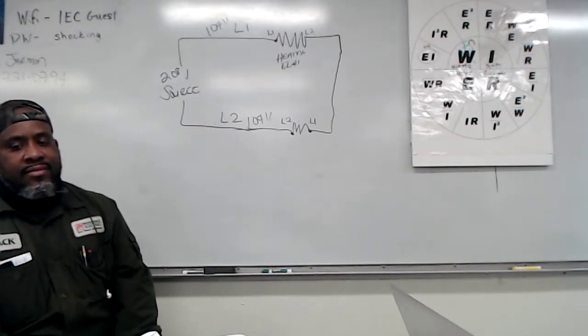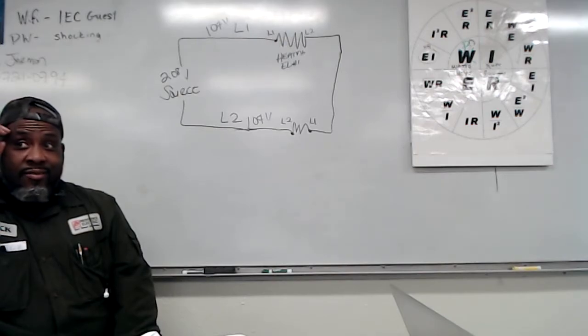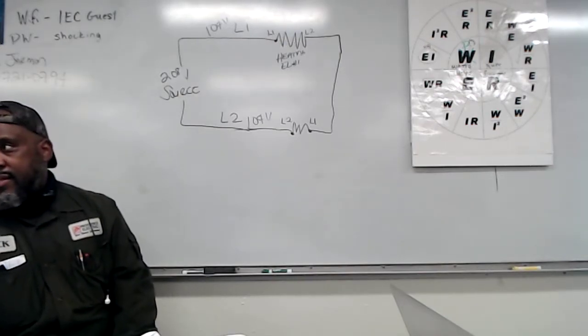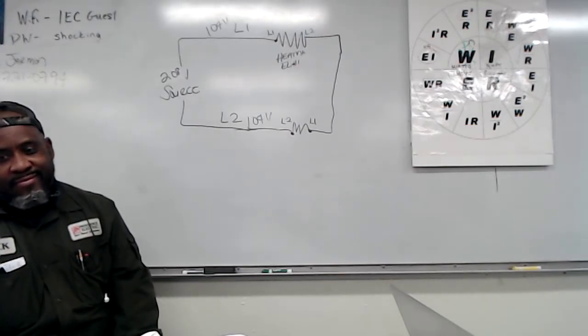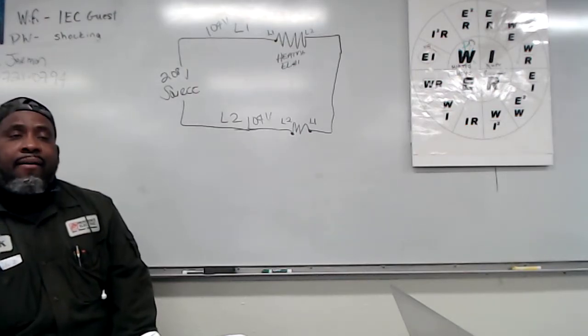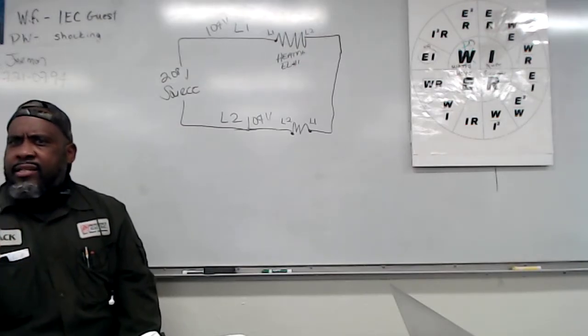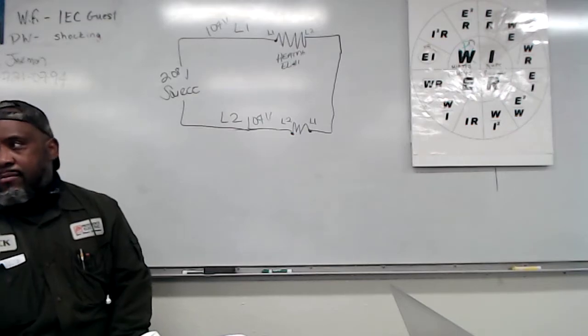Now, this is so weird, because in the real world, what we read? Anybody know? In the real world, what we read? If you had a 208 circuit, anybody work with 208 in this class? 208/120 volt panel, they got them.